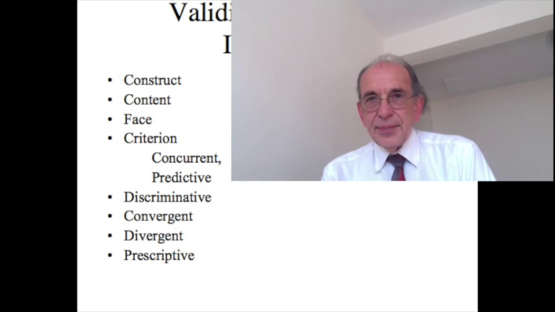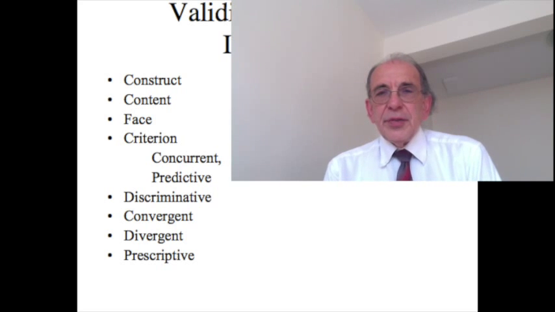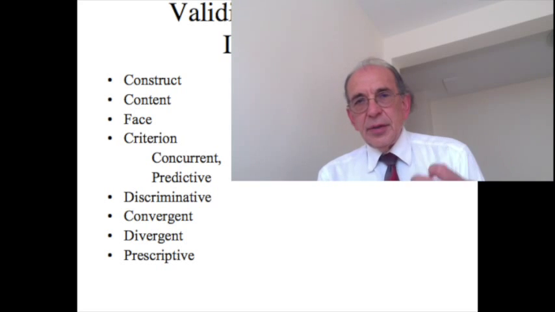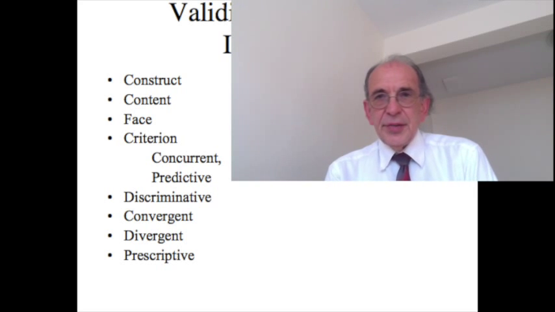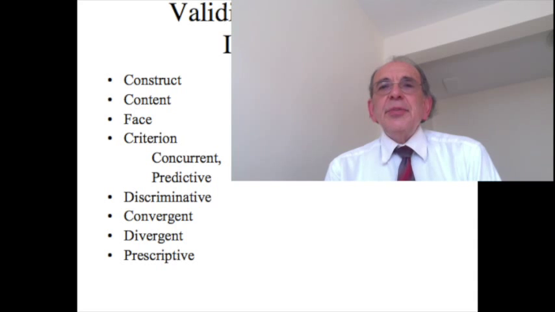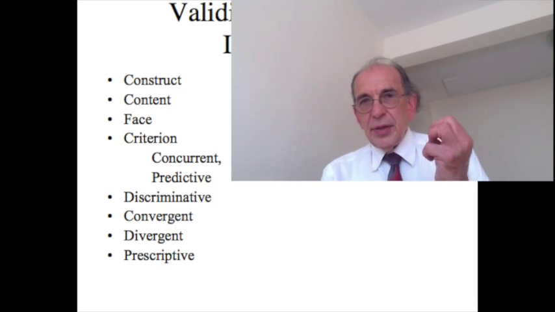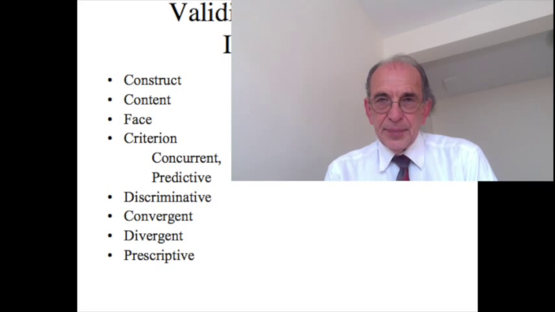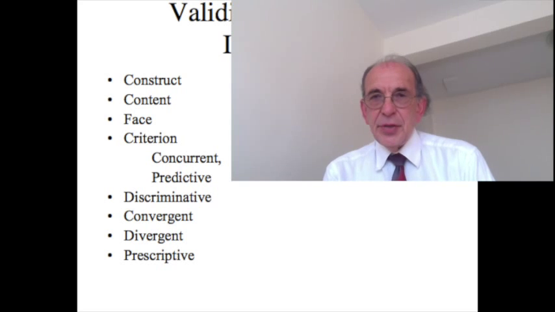Content validity is another type of validity, and the question about content validity is, do the actual items on the assessment actually test what the test claims they are testing? Do the items tap into what the test claims the items are tapping into?